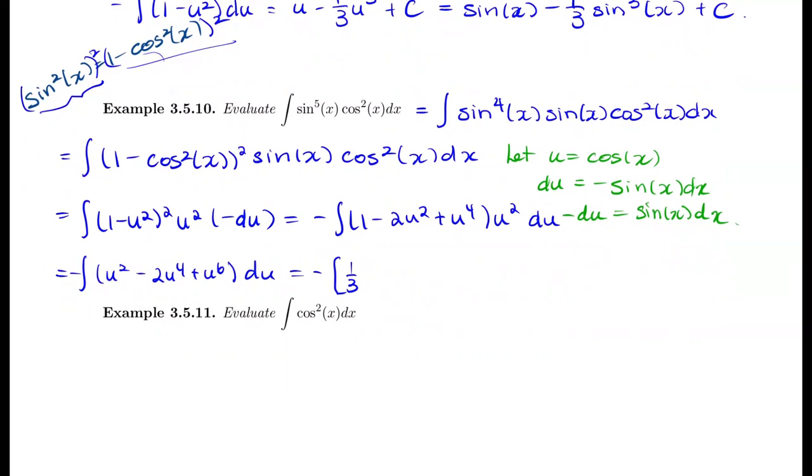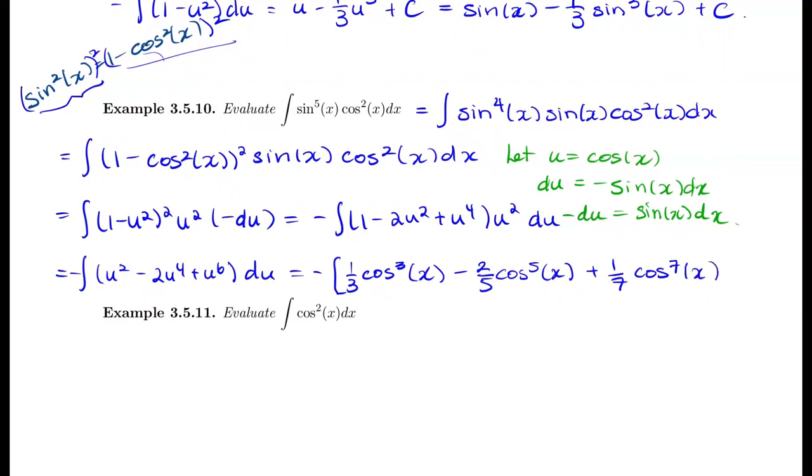So we have a third, since we let u be cos of x, it's going to be cos cubed of x, minus 2 over 5 cos to the fifth of x, and plus 1 over 7 of cos to the 7th of x.